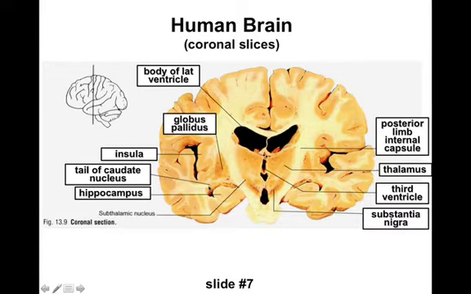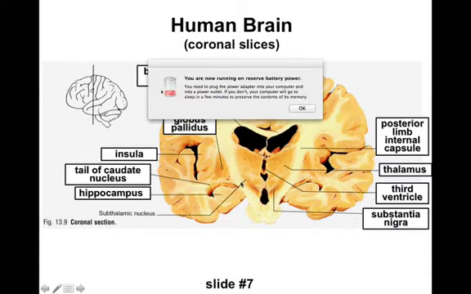So this is where we have the tail of the caudate nucleus. You can see it here, and a little bit of it right over there. The hippocampus, again, makes an appearance and is present there. We also have our subthalamic nucleus that's located below the thalamus.